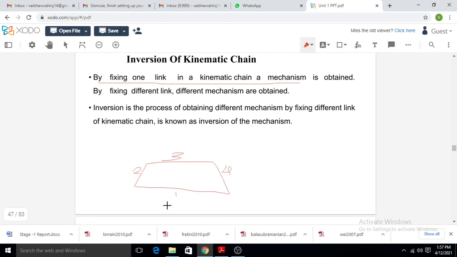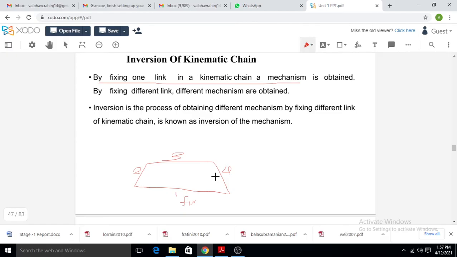By fixing any one link of this kinematic chain, which has 4 links, suppose we fix link 1, then some mechanism is obtained, consisting of link 2, link 3, link 4. Fixing any one link of the kinematic chain to obtain a mechanism is called the inversion of the mechanism.